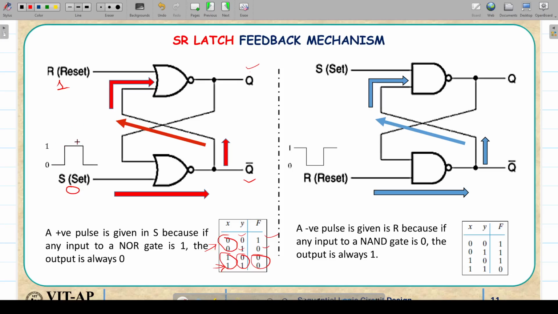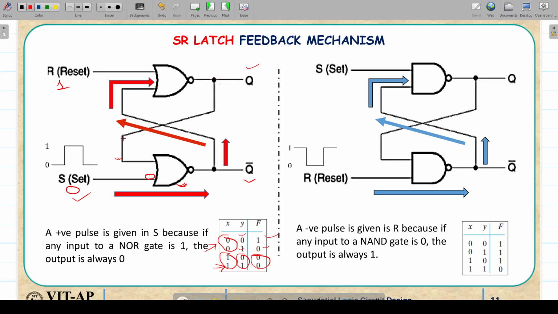Now let us think of the scenario. One of the inputs is set, and I have kept S equal to 0. That means one of the inputs to this lower NOR gate is 0. So it depends on what this other input is, whether Y equals 0 or 1, that is, the previous output, whatever the value was, 0 or 1.